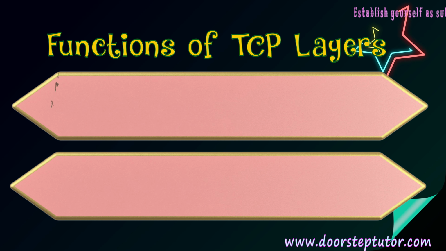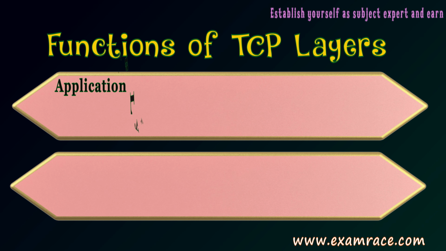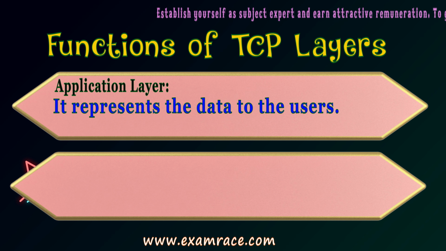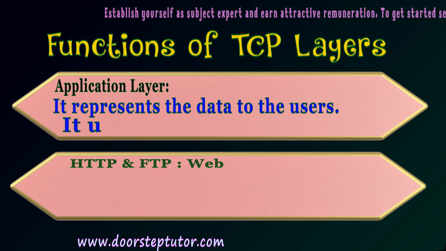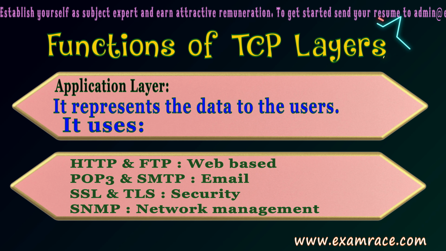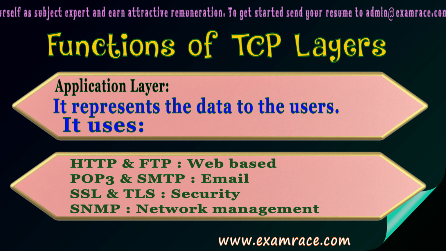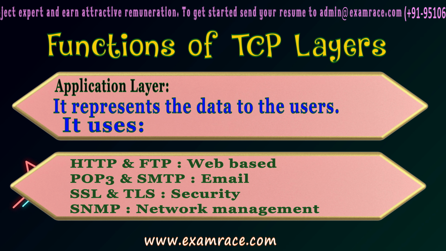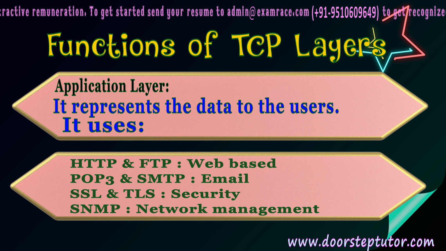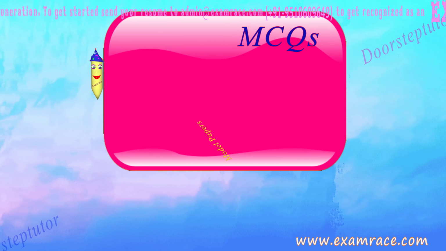So in the last we have the application layer, which is the end user layer. It represents the data to the users. HTTP and FTP are used on the browser for displaying websites and web pages, and the transfer of files from one side to another is also the responsibility of the application layer.